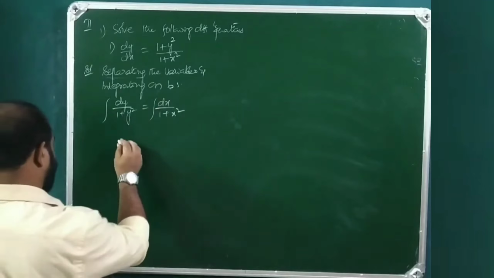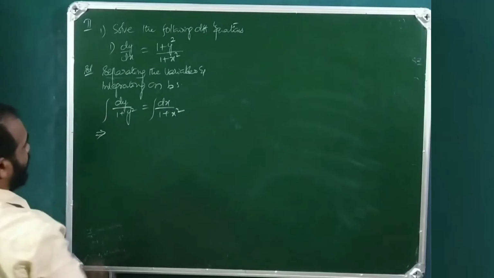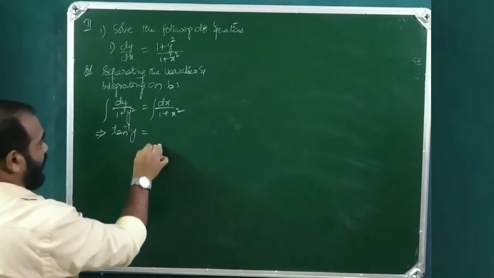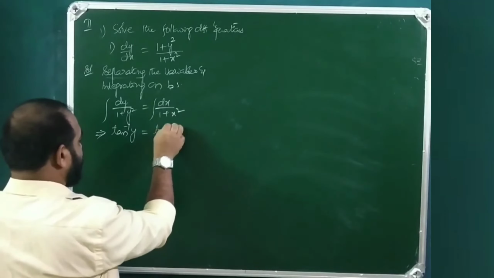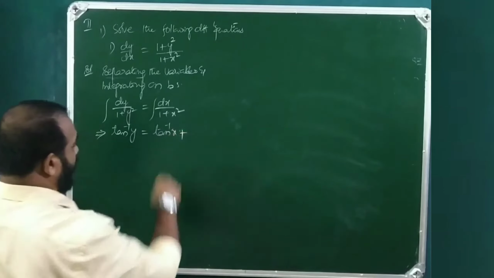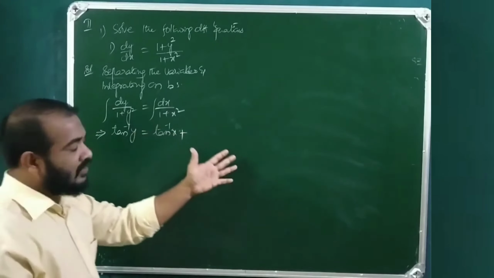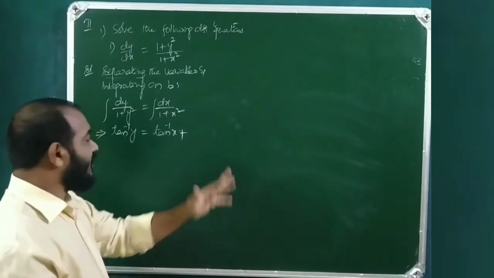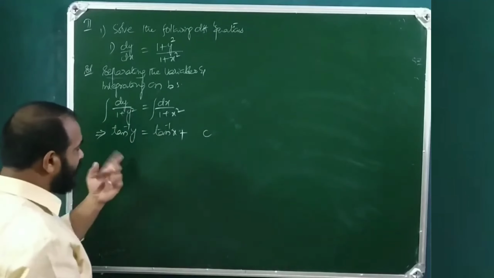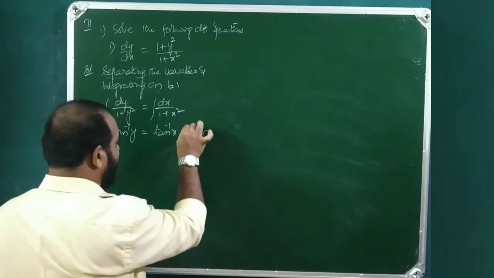So 1 by 1 plus y square dy is tan inverse y, equals tan inverse x plus a constant to be added on either side. Here I will be adding c on the RHS. Instead of this I can even write tan inverse c also.